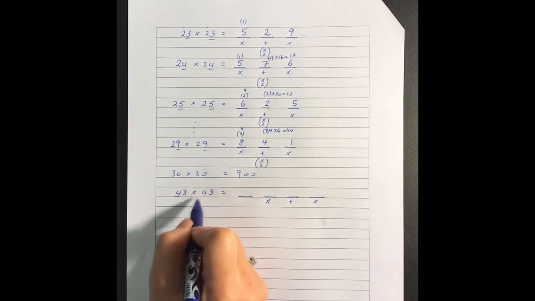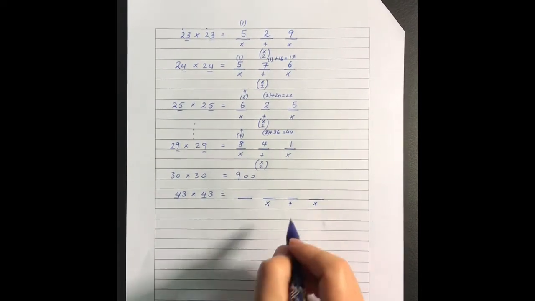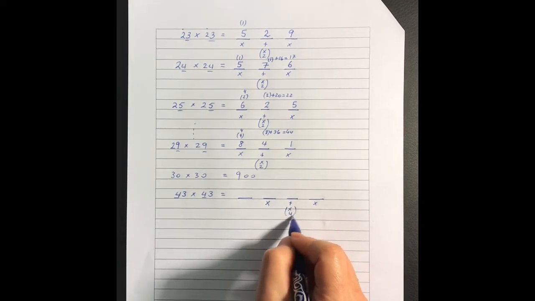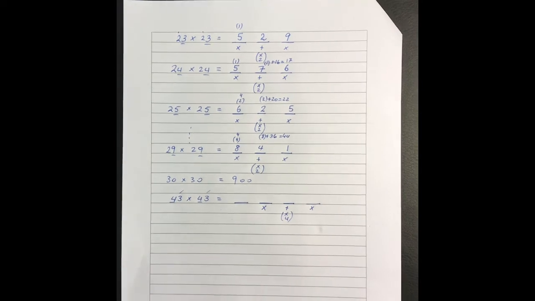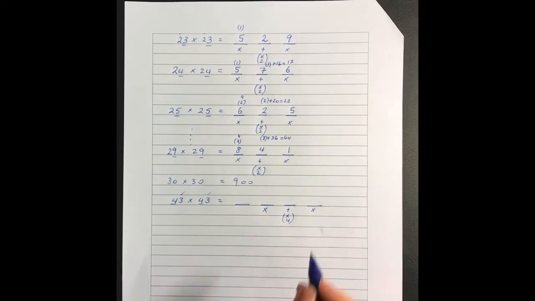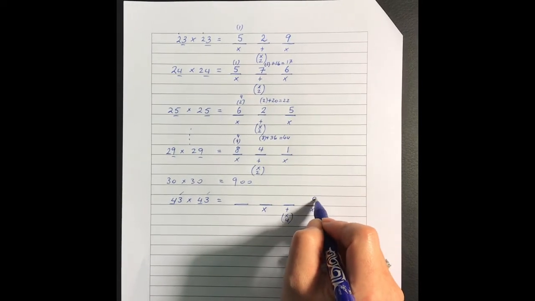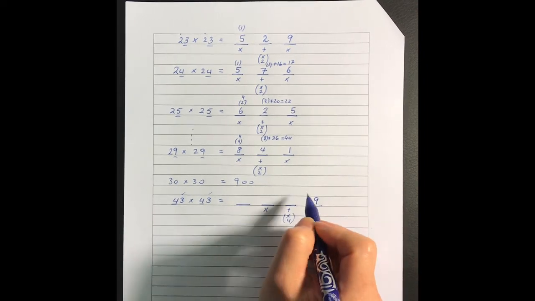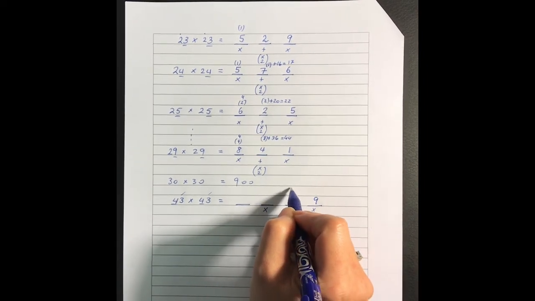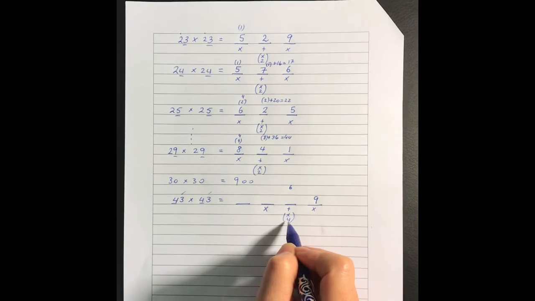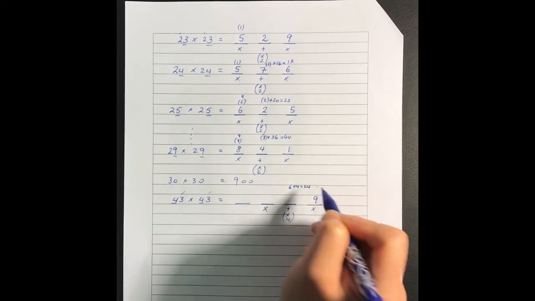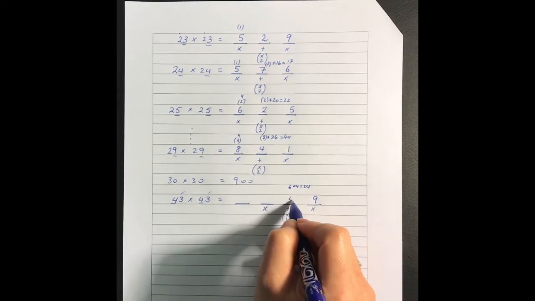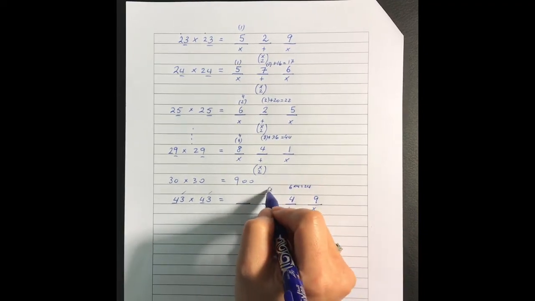Now, because it's 43, we have to times by 4. Remember, I'm looking at the ones place. So 3 times 3 is 9. And then 3 plus 3 is 6. But we have to times by 4, 24. Okay, so 4 down, 2 up.